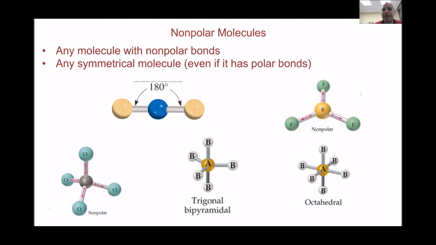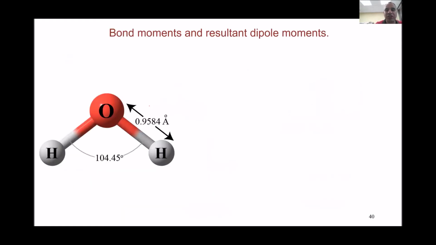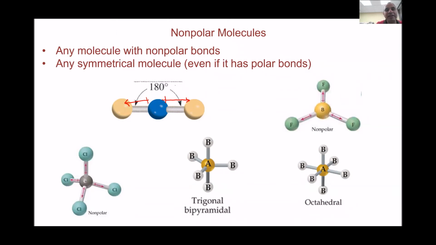For example, if you have a linear molecule that has polar bonds, the first bond is going to have a dipole moment that runs along this direction, and the second bond is going to have dipole moment of the same magnitude running into the exact opposite direction. And as a result, they will cancel each other, and the molecule will have a zero overall dipole moment and become nonpolar.